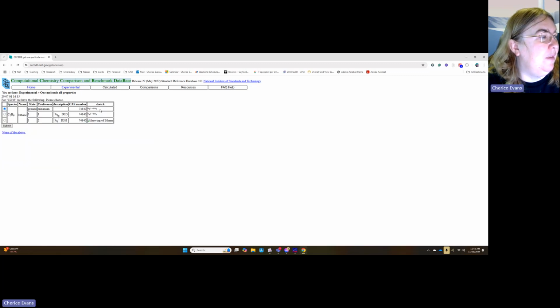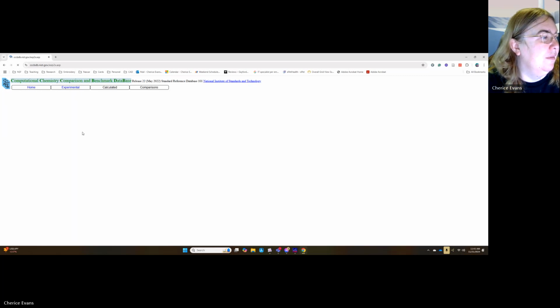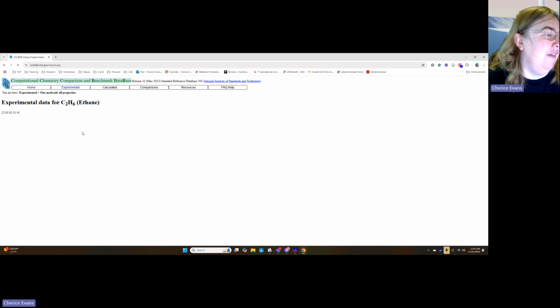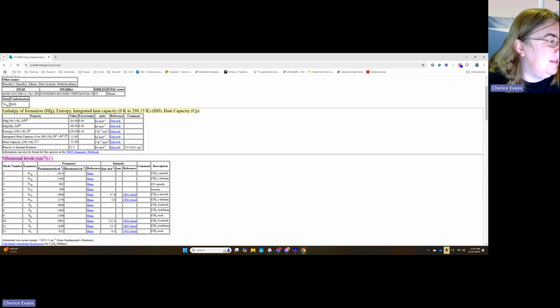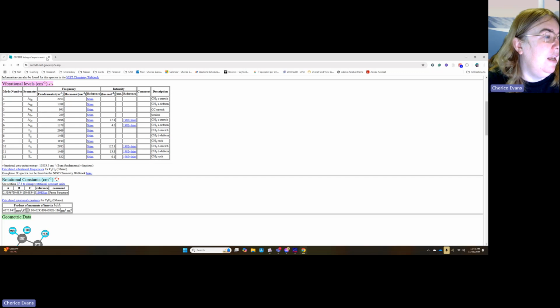It's going to ask me what properties I want. I want the ground state. And then I have to wait. It's been really slow lately. So it's going to give me all the properties, enthalpies of formation, heat capacities at room temperature, and the same vibrational modes that were in the NIST database.